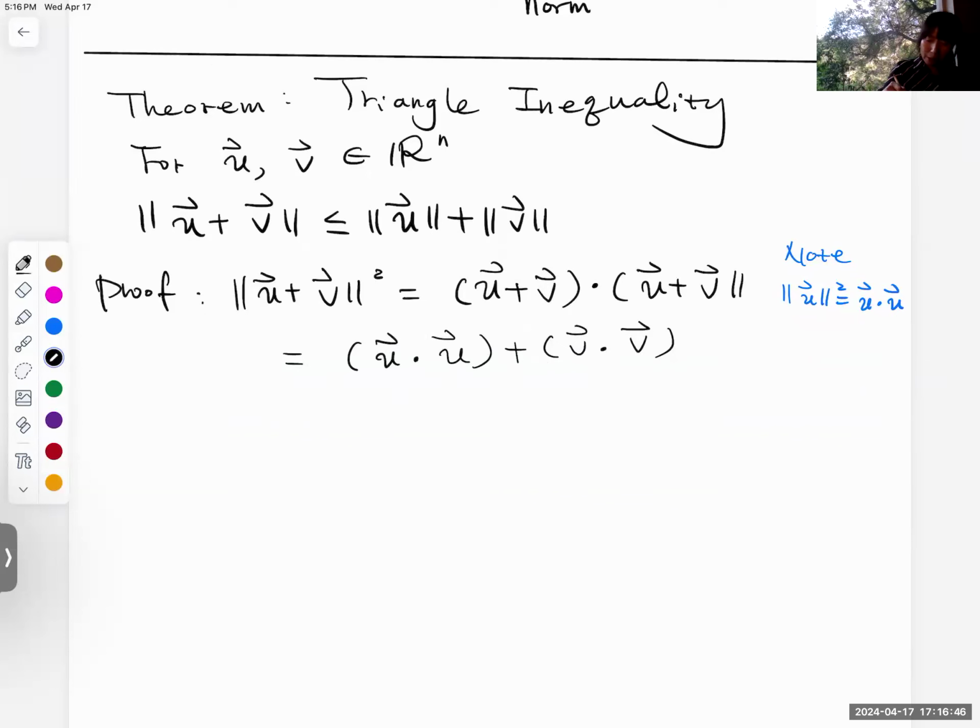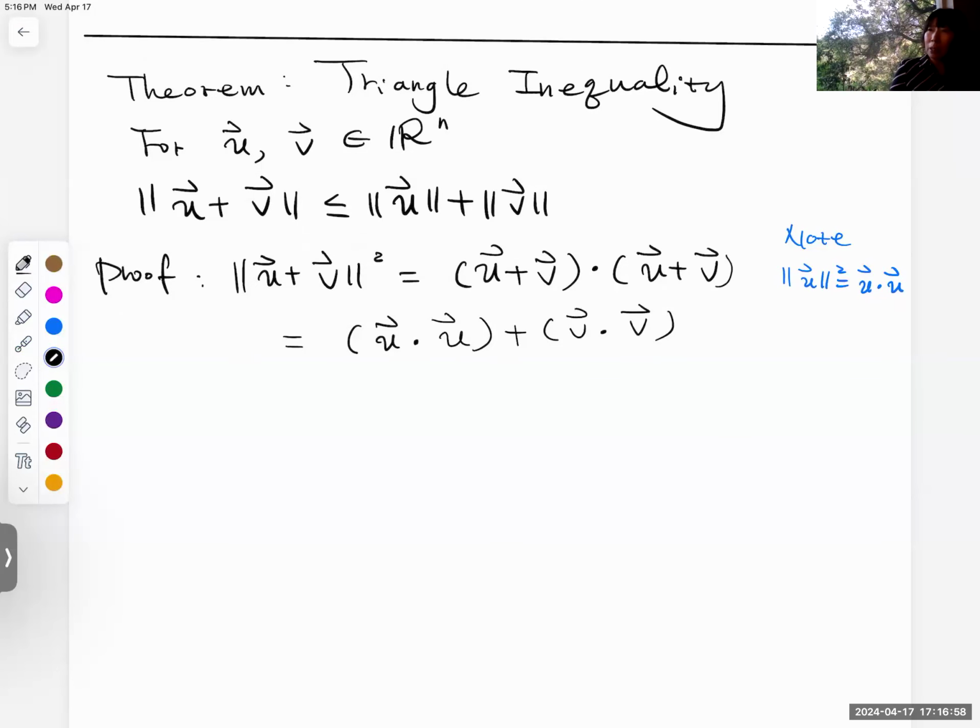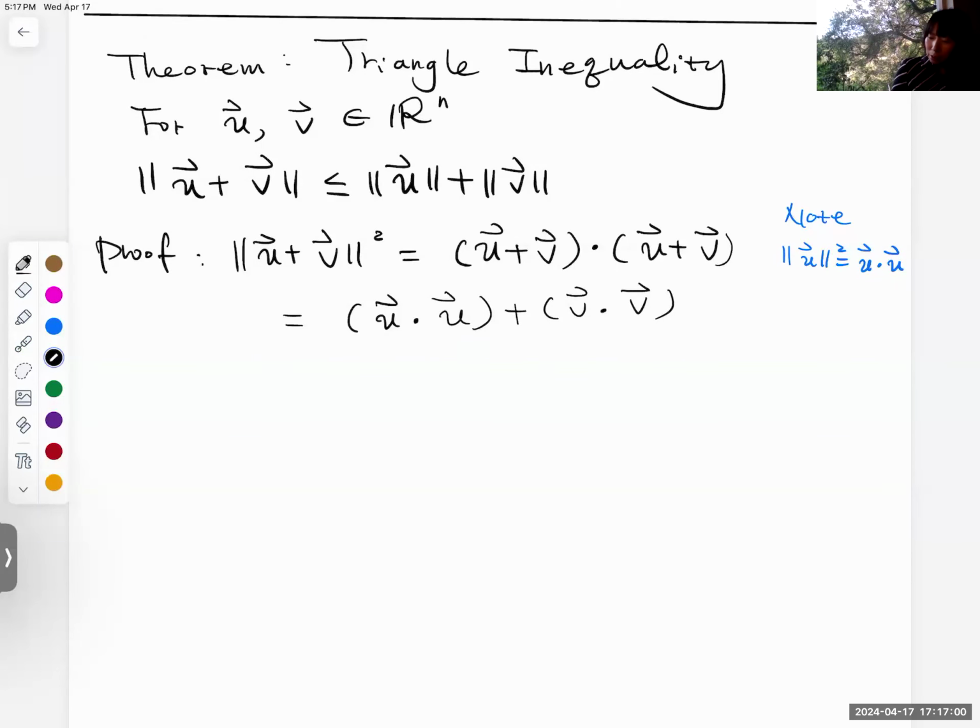Okay, I made a mistake here, right? This one should be parentheses. Rushing this one.